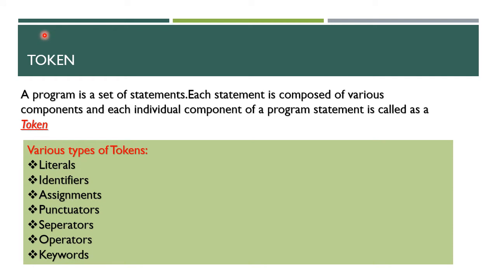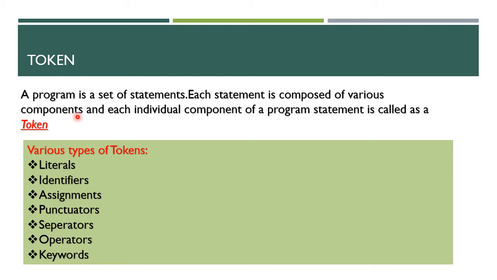Okay, next concept is token. Token is a fundamental and functional unit of a computer program. A program is a collection of statements or group of statements. Each statement is composed of various components, and each individual component is termed as a token.